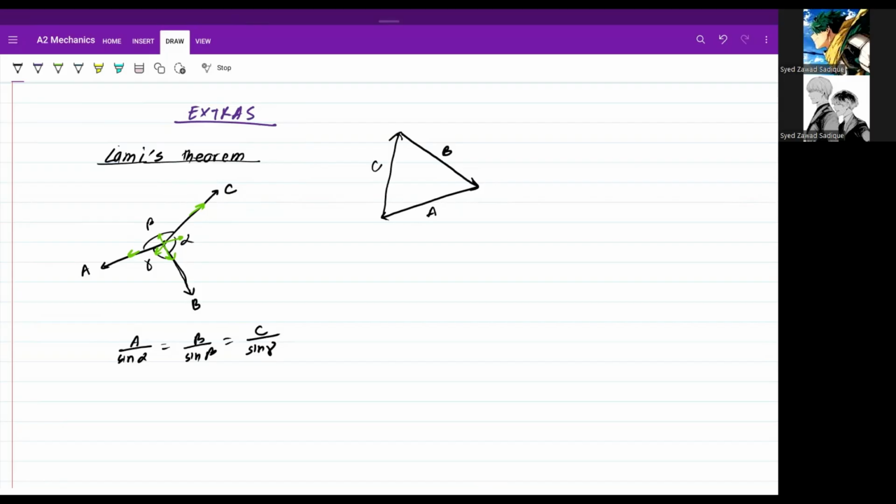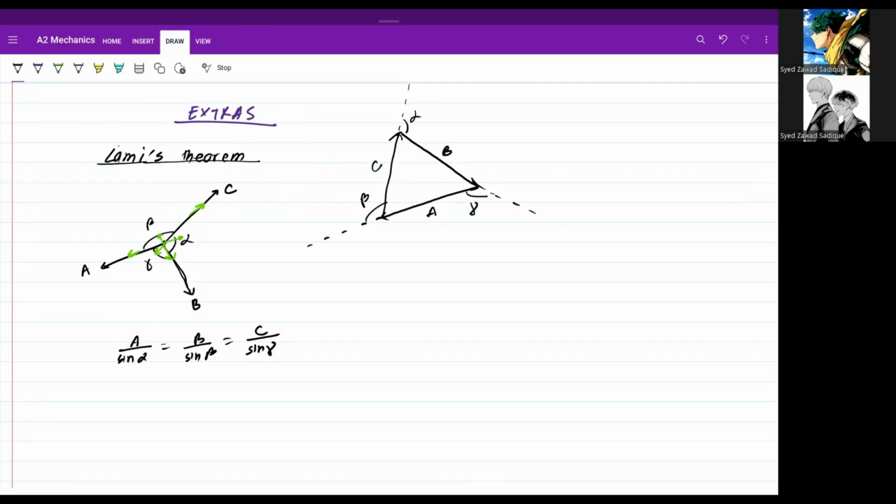Think about this very slowly, very carefully. We know that A is going towards the left. Draw a line from here. We can see that this angle is beta, this angle is alpha, and this angle is gamma.